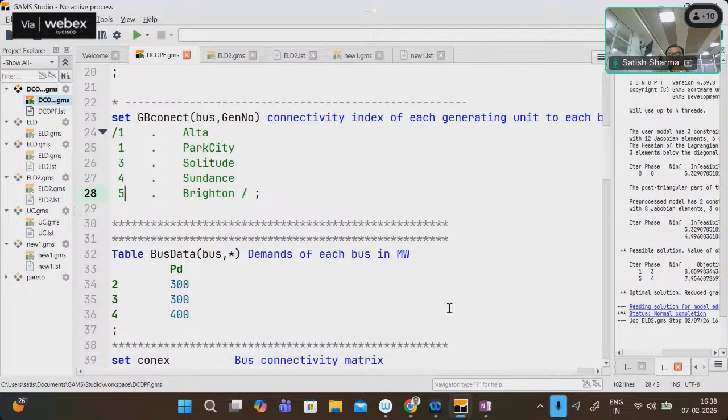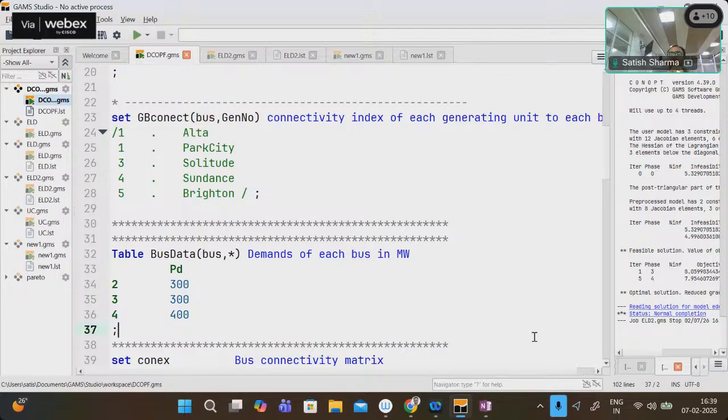Then some bus data is defined, and it is defined as a demand. So buses and some PD is defined. At bus number 2, 3, and 4, certain demand is there. One important thing is that in this particular table the index is bus, and bus has 5 indices, 1, 2, 3, 4, and 5, but we are not defining anything for bus index 1 and bus index 4.